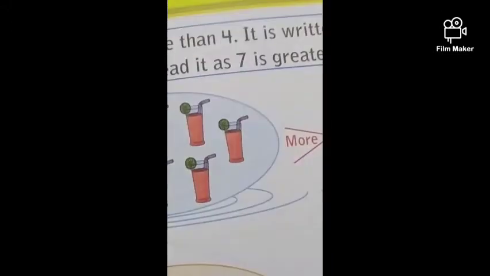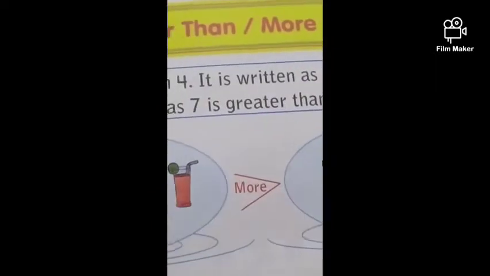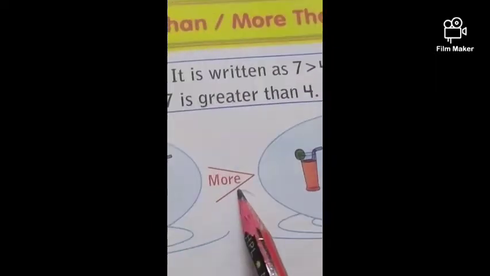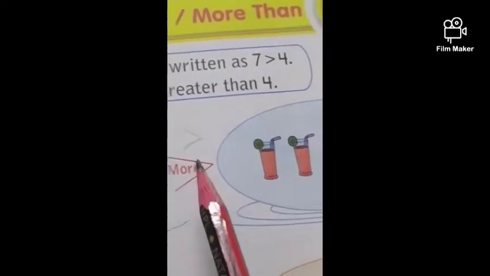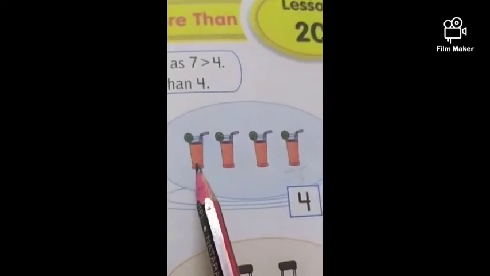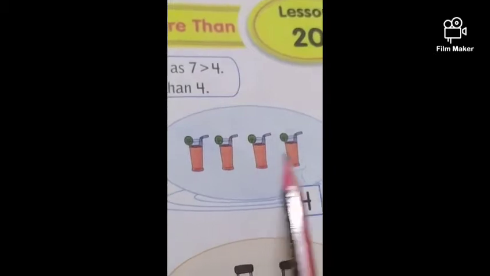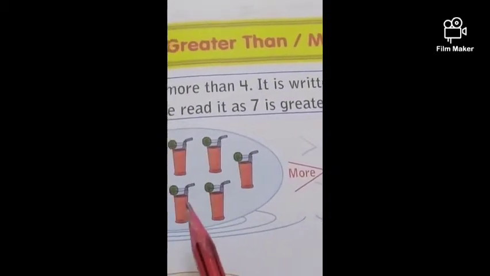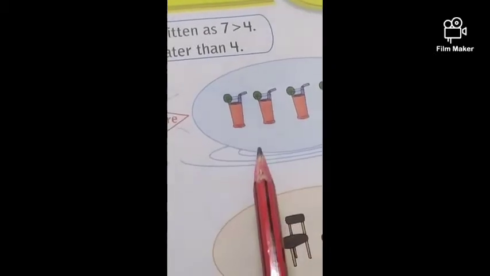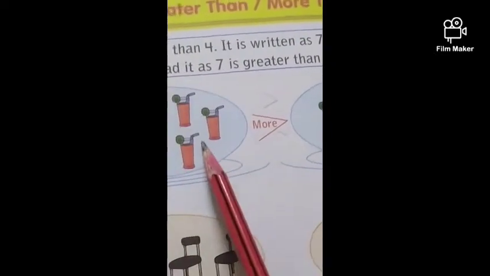Now this is the sign of what? Greater than. This is the sign of greater than or more than. And now count the juices here. 1, 2, 3, 4 juices are there. So which number is more? 8 or 4? Tell me, which number is more?